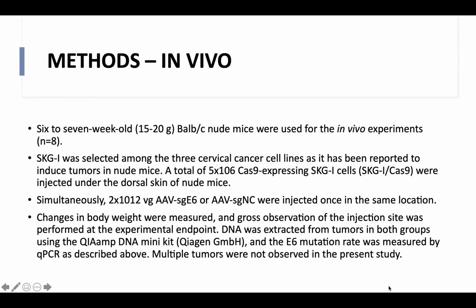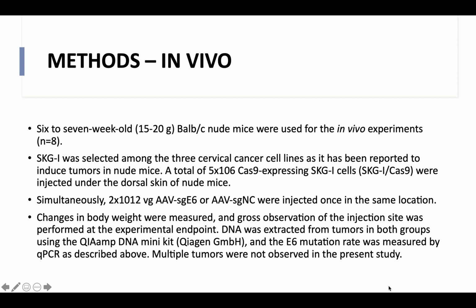SKG1 was selected among the 3 cervical cancer cell lines as it has been reported to induce tumors in nude mice. A total of 5 times 10 to the 6 Cas9 expressing SKG cells were injected under the dorsal skin of nude mice. Simultaneously, 2 times 10 to the 12 were injected once in the same location.